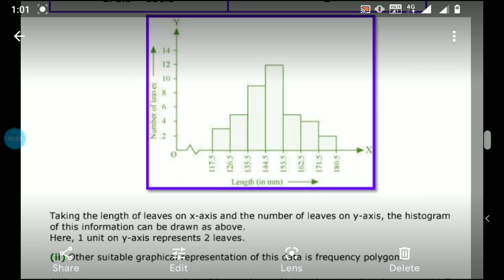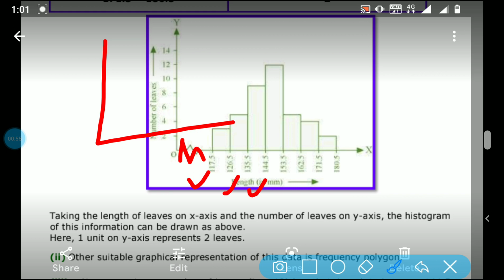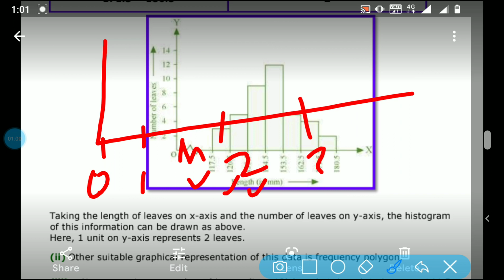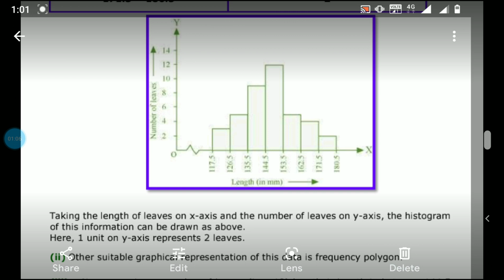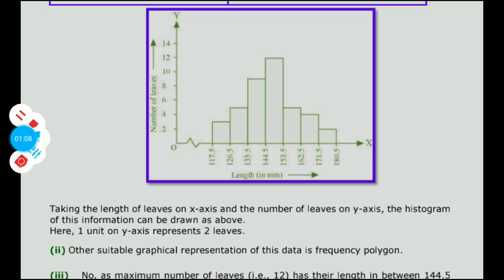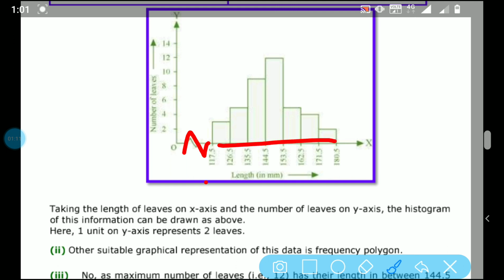The first class interval is 117.5 to 126.5, and then 126.5 to 135.5. This zigzag line shows that the x-axis continues from the origin, and we have taken only the part starting from 117.5. Suppose this is a line coming from 0, 1, 2, 3, 4, going on and reaching up to 117.5, so this zigzag line shows we have taken only this much part.